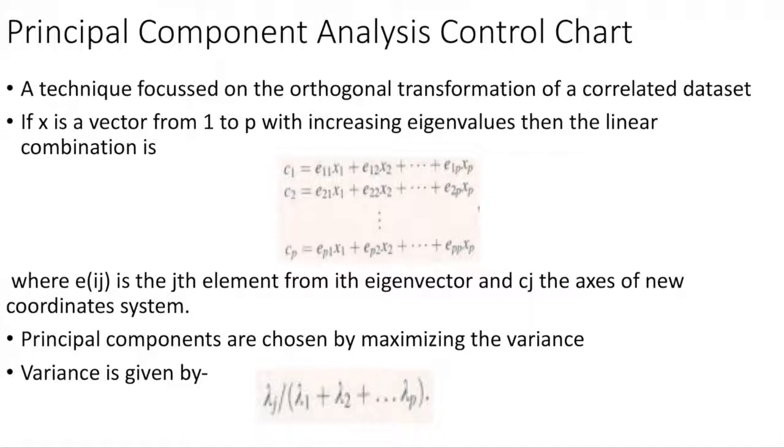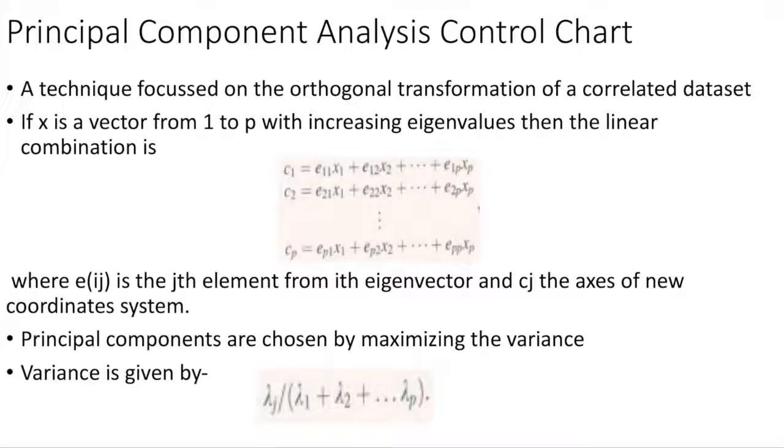So the linear combination we can choose is like this: c1 is equal to e11 x1 plus e12 x2, and so on until the pth term. In these equations, eij is the jth element of the ith eigenvector, and Cj represents the axes of the new coordinate system obtained by rotating the original.